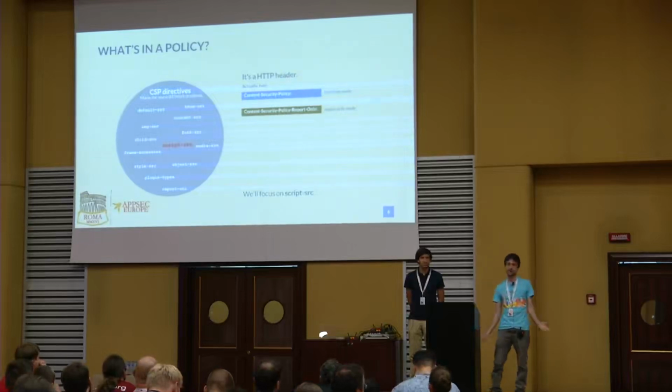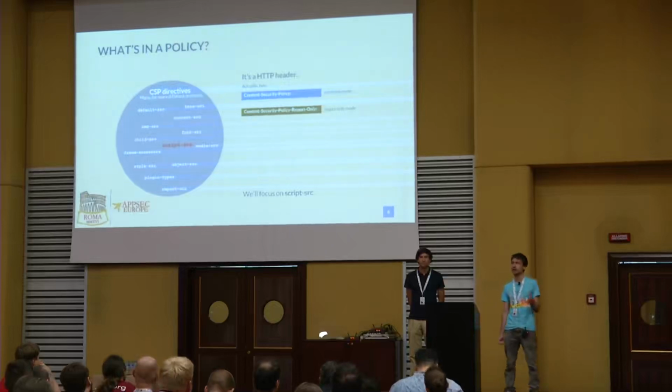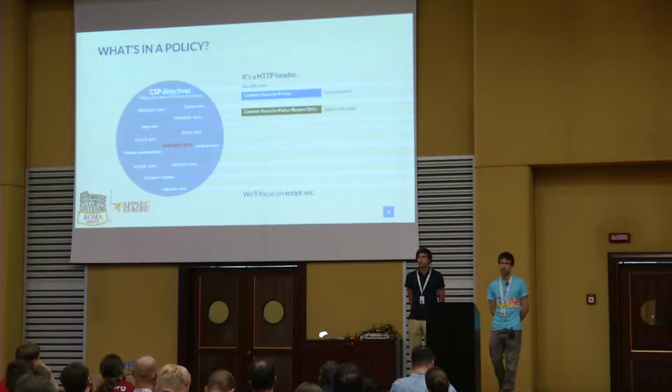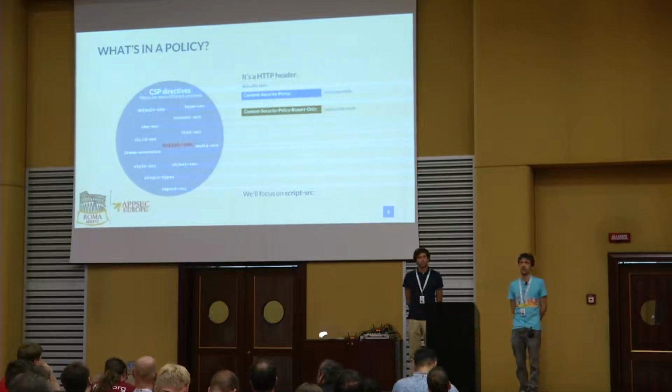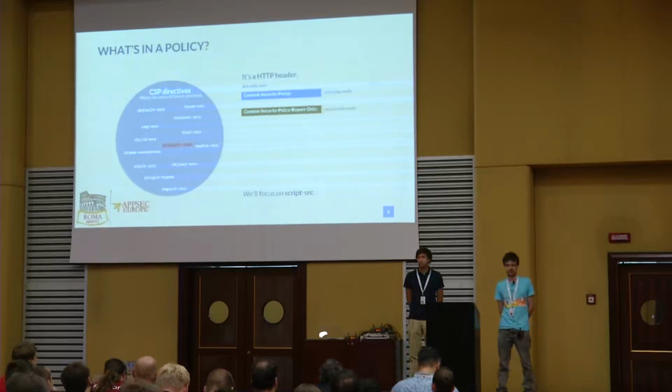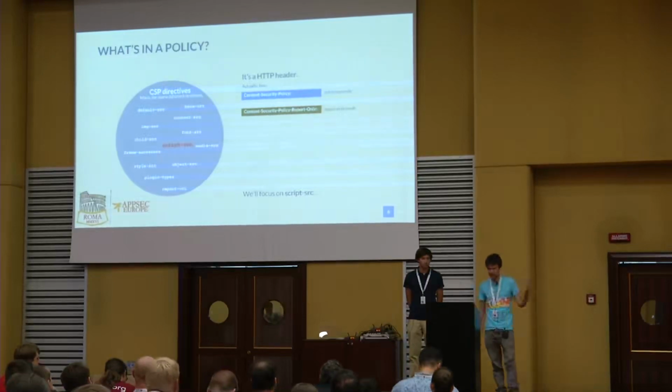With frame ancestors, for example, you can say I want my web application to be framed just by some particular origins. With plugin types, you can choose the MIME type of plugins you want to allow to run on your website. So you can say, well, I want to run Flash. Don't do that if you can. But I don't want to run Java, for example. Style source for style, and so on.